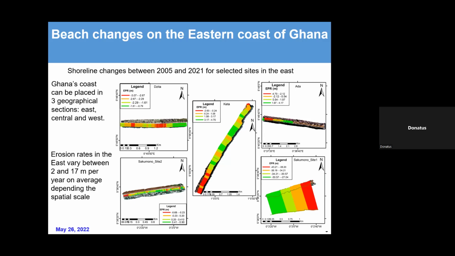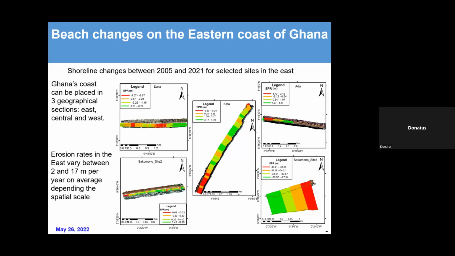Now, these beaches are all facing erosion in different magnitudes. Apart from the Jita coastline that is here, the first one on the left, I wish I would have to control my slides. The first one on the left is not protected. The rest of the beaches are protected and they are still experiencing erosion.